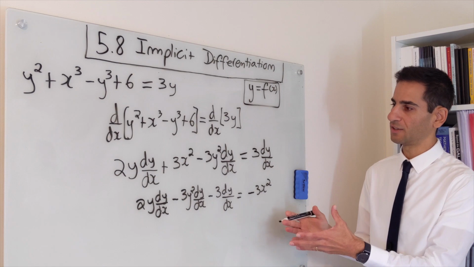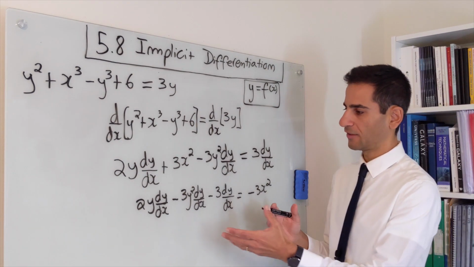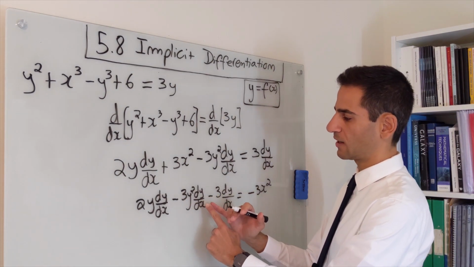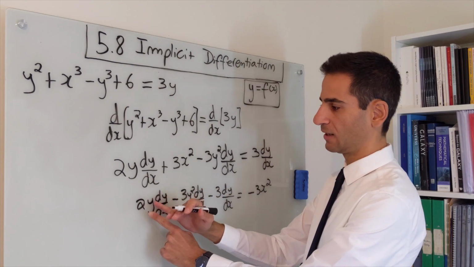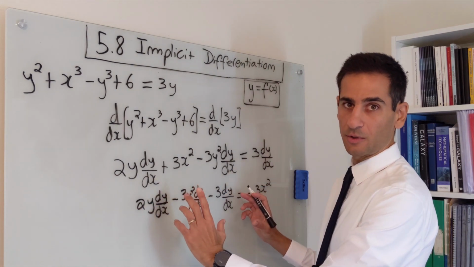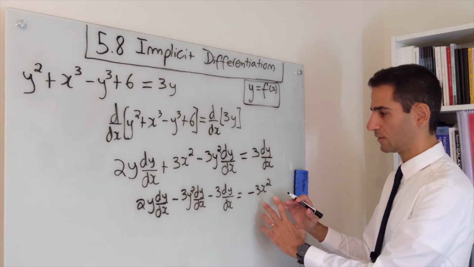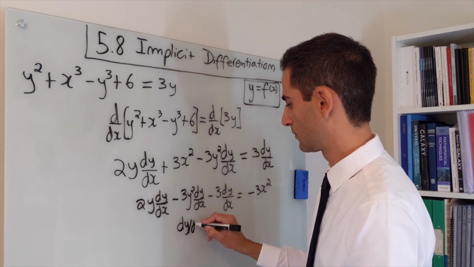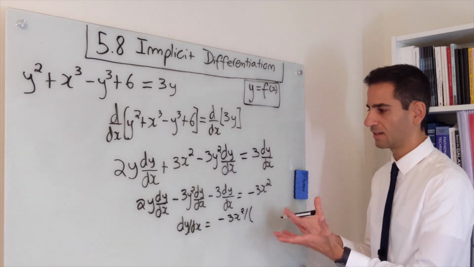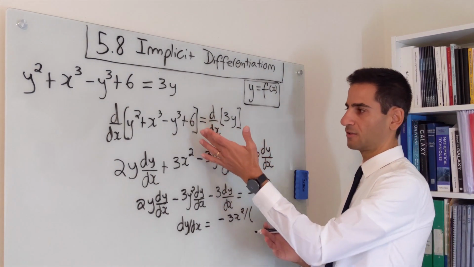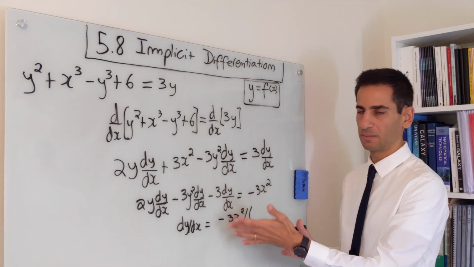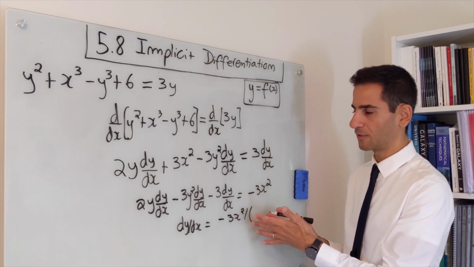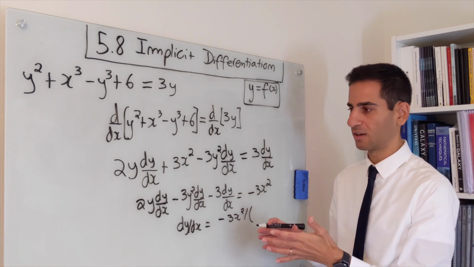Once you get to this stage, you're almost there. All you have to do is to take the dy dx out and then take the term that you're multiplying it by to divide by the other side, which I will now do. In this case, I'm just showing you that as long as you show the intermediate steps, it would be okay to go for this, provided that you check your steps.